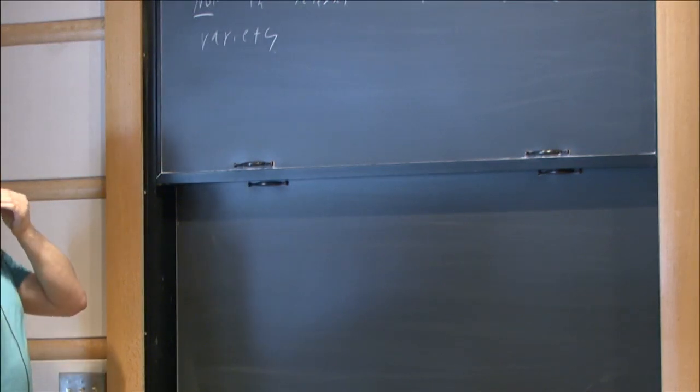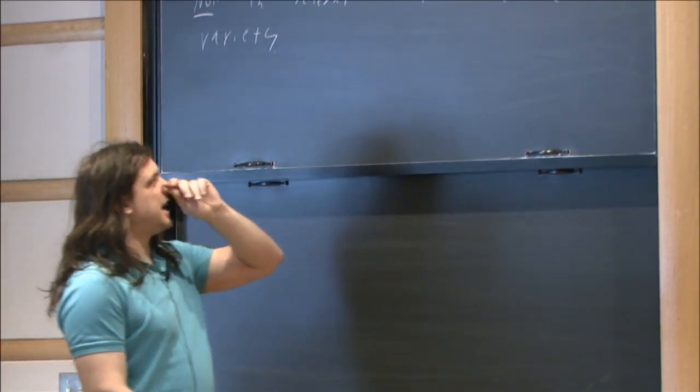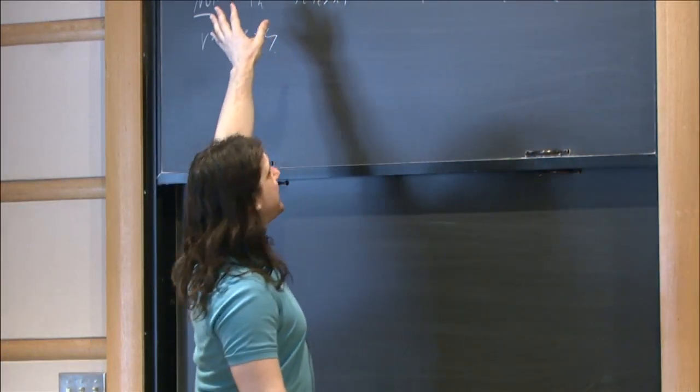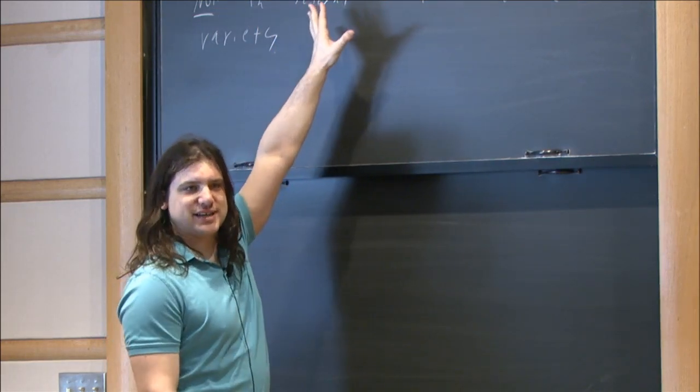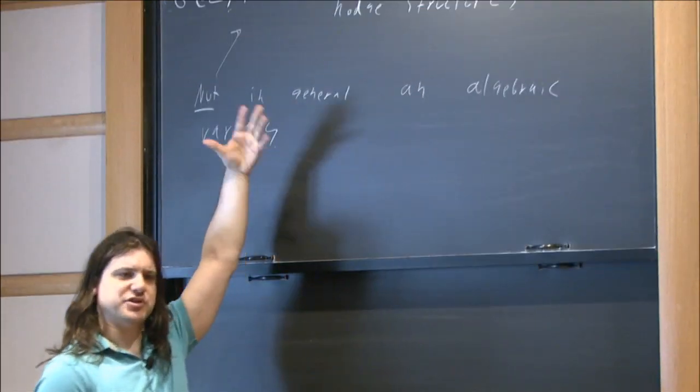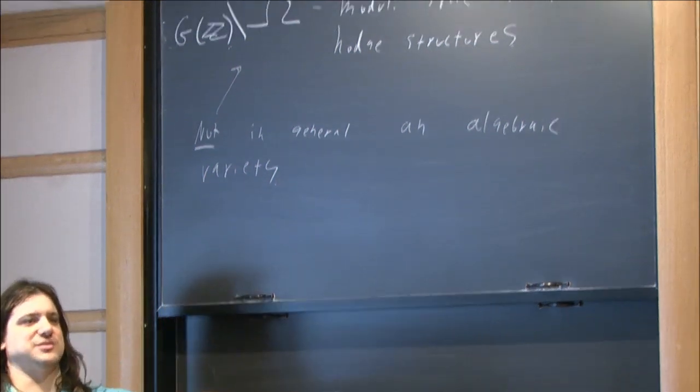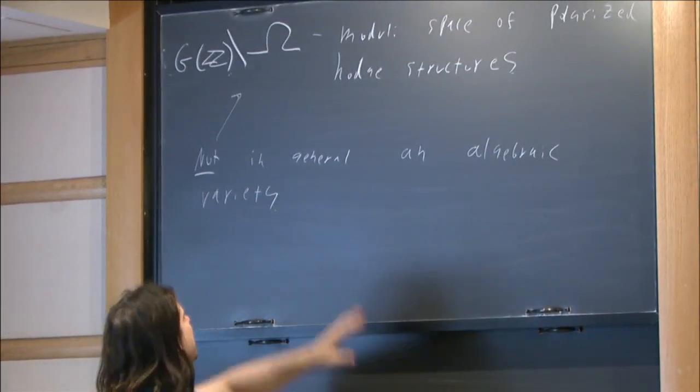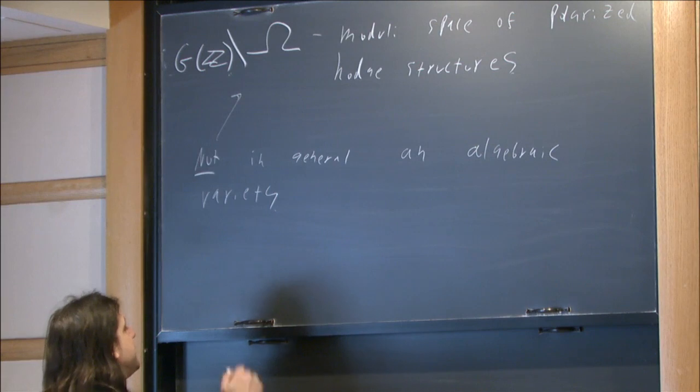So let me also mention, I'll say this in words, I won't write it down. Shimura varieties can all be placed in this context as long as we allow slightly greater generality. So Shimura varieties aren't actually moduli spaces of Hodge structures, but they're what are called Mumford-Tate domains.